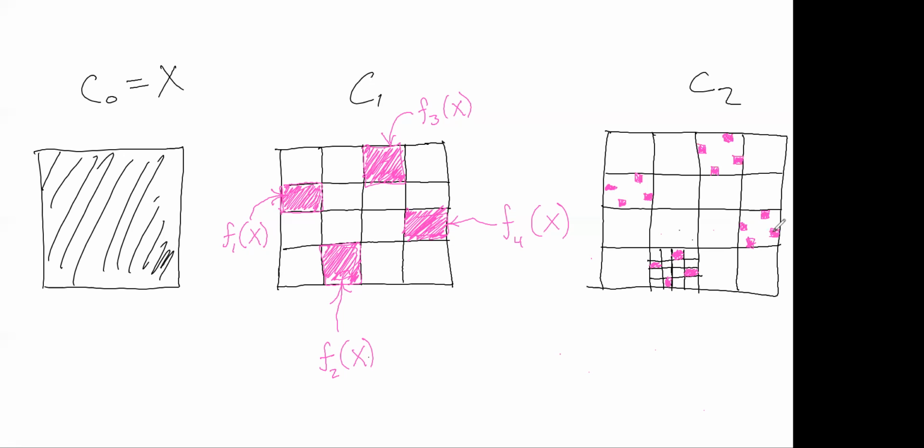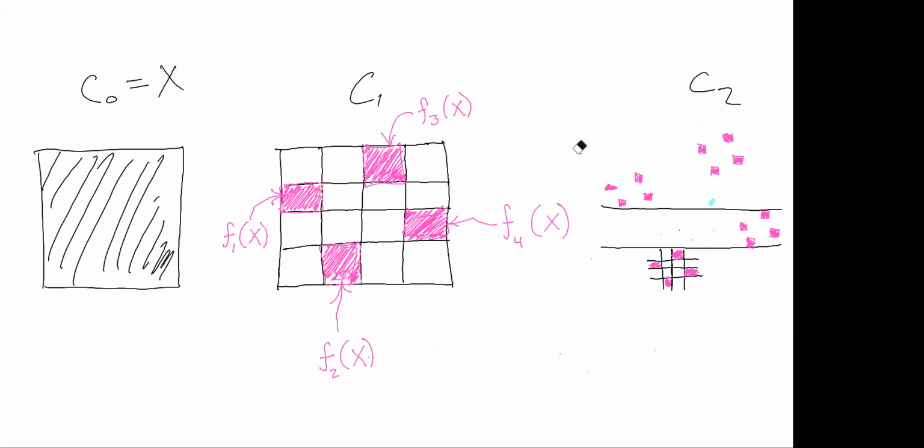Okay, that'll be C2. And we can get rid of the black lines to make things a little bit... okay. Oops, I erased too much. But that'll be C2.